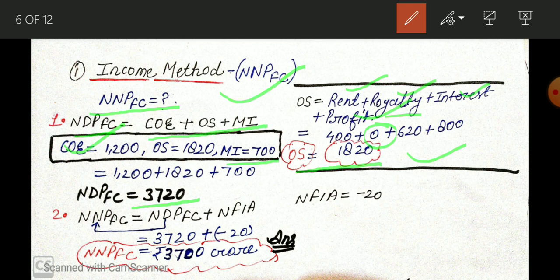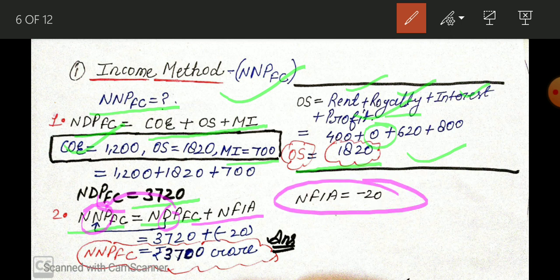And what we have to find out? We have to find out NNPFC. Okay, and we have the value of NDPFC. We require to find out the value of net national product at factor cost. So there is only one difference. Here is given domestic and you need to find out national. So when we move here, we require addition of NFIA. The value of NFIA is given -20.